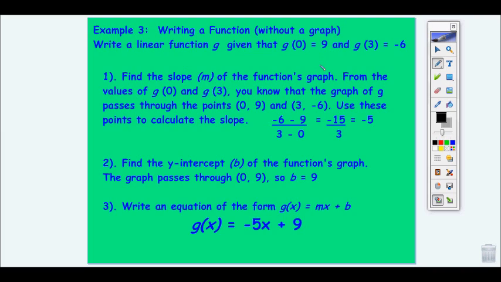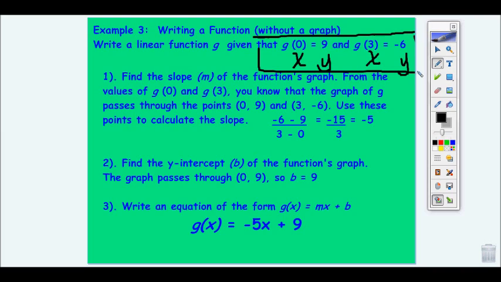The function of x, that's our worker, is resulting in 9. So sorry, the function of 3, the work of 3, gives me the result of -6. So really, when it is written in this form, it's just giving you input and output in a different language, in a different form, and you're doing the same thing you've been doing throughout this chapter.